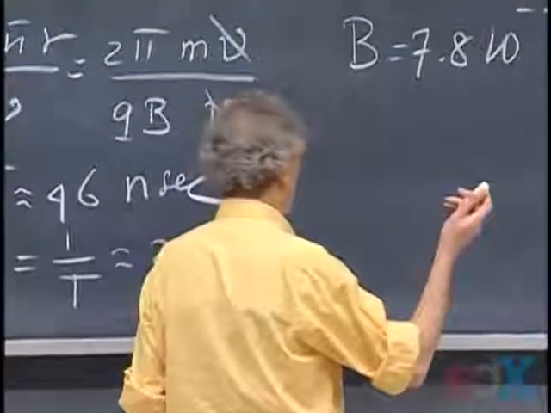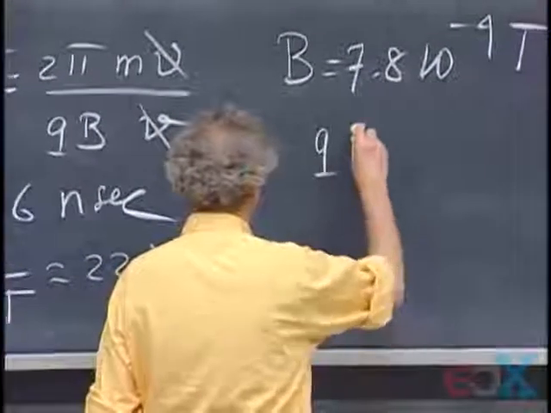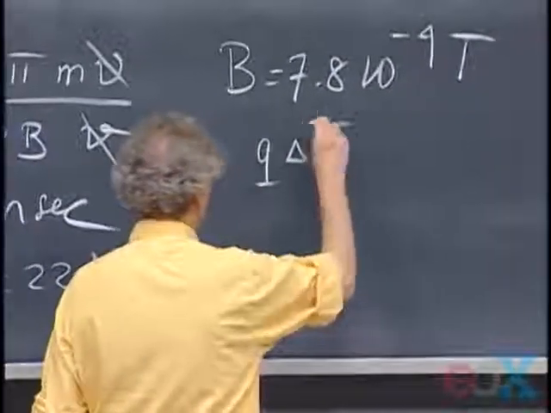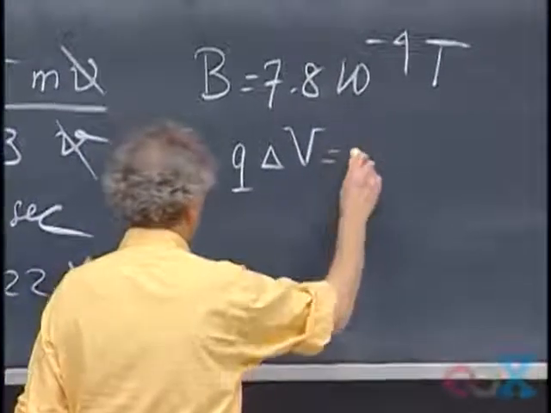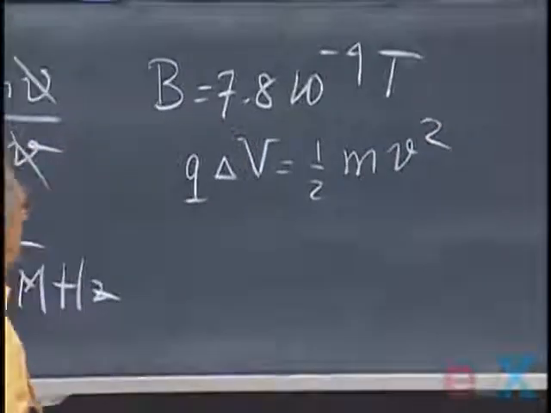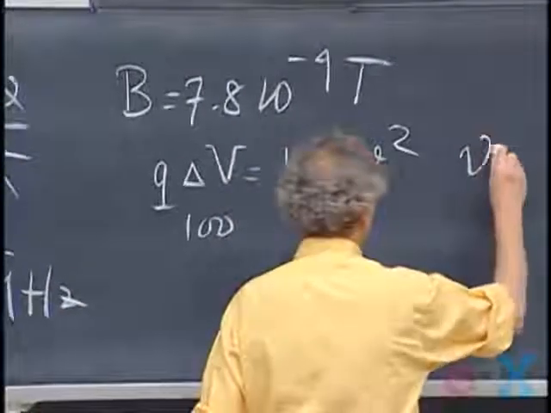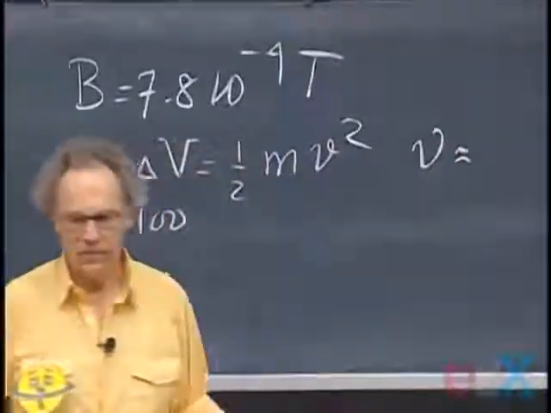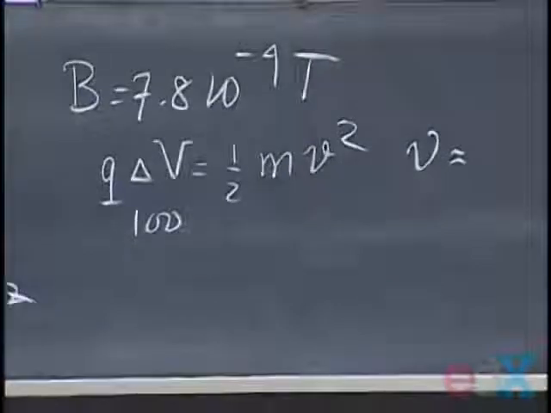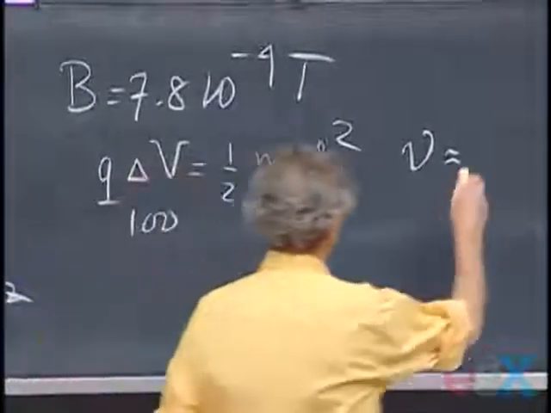Suppose I give them a potential difference of 100 volts, then Q times delta V, which is the potential difference, would then be 1/2 mv squared. And so if I make this 100 volts, I can calculate what V is, and I found that the velocity of the electrons then is about 5.9 times 10 to the 6 meters per second.